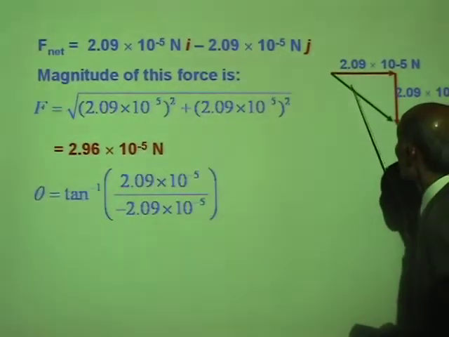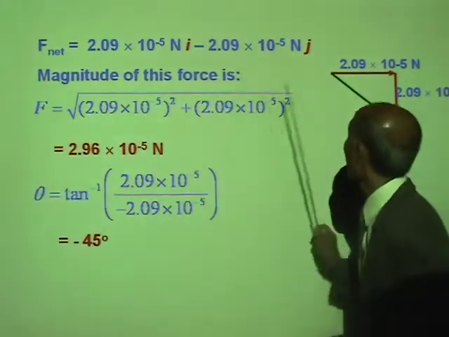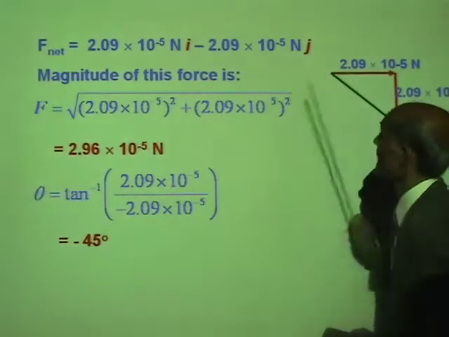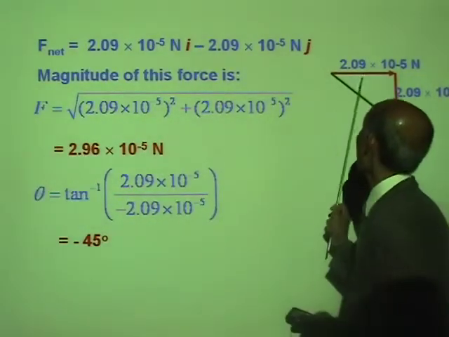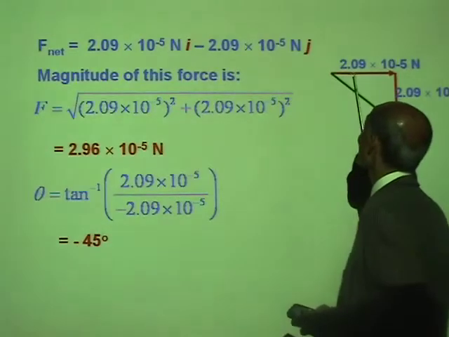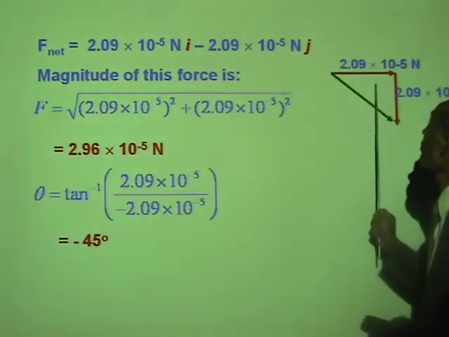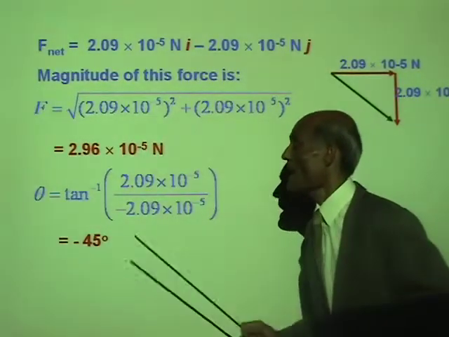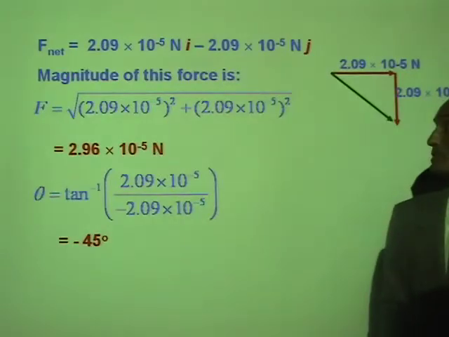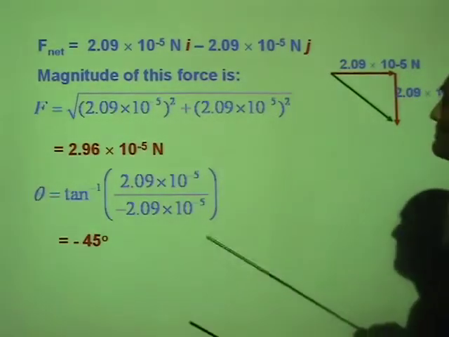And the angle theta is given by tan inverse of y over x. This is the y, this is the x. And that angle is this, which is negative 45 degrees. It's a fourth quadrant angle. So we found the magnitude and direction of the resultant. A very important method of solving problems like this.